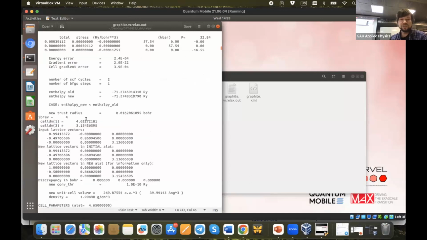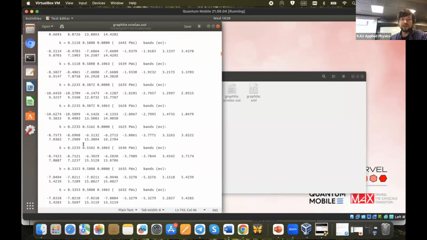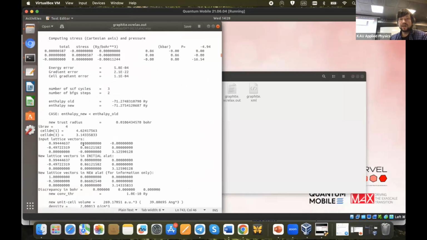That means that we change CLDM1 and CLDM3 again, slightly change these lattice vectors, make a new SCF cycle, and get more information about kilobars. You see, it was like 57, now it's like 0.86. So this pressure was decreased effectively on the second step.